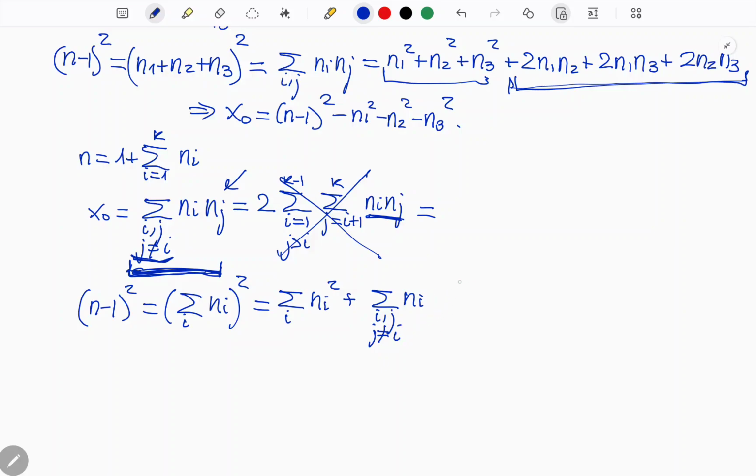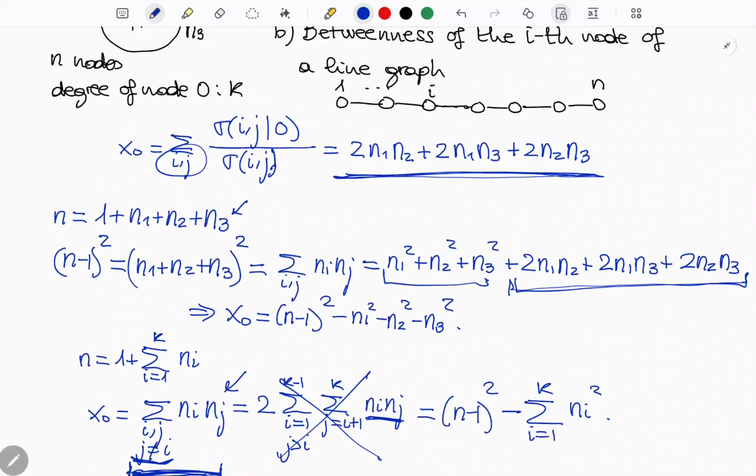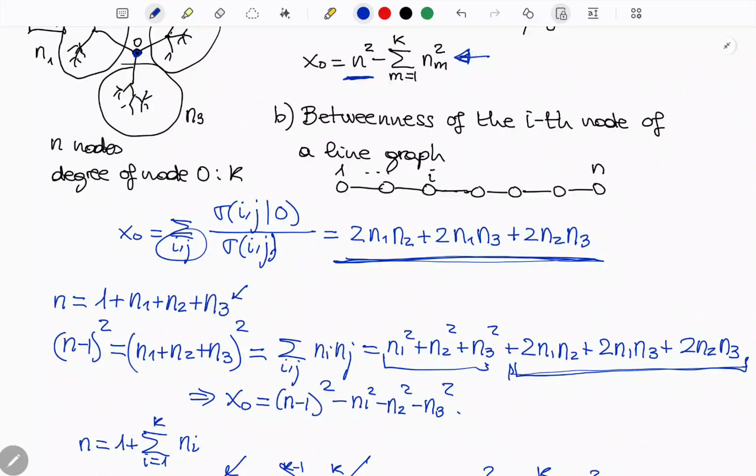And sorry, this is an nj. And that's it. So here what we have is that this is n minus 1 squared minus this addition from i equal to 1 until k of ni squared. And this is the expression that they were asking us. So this is this expression here.